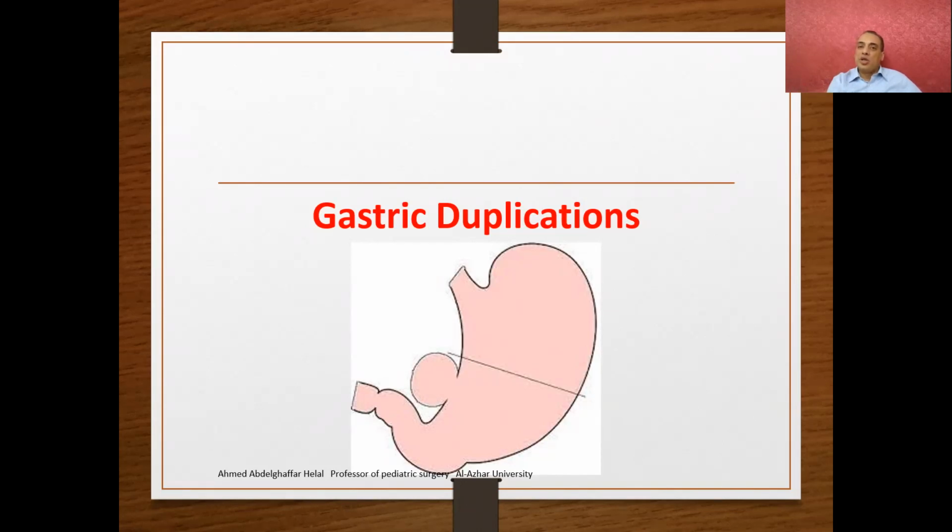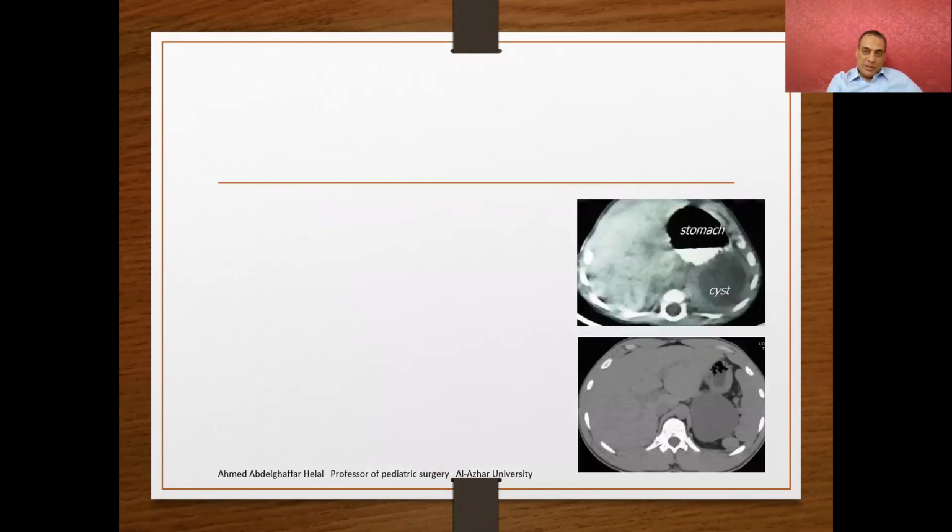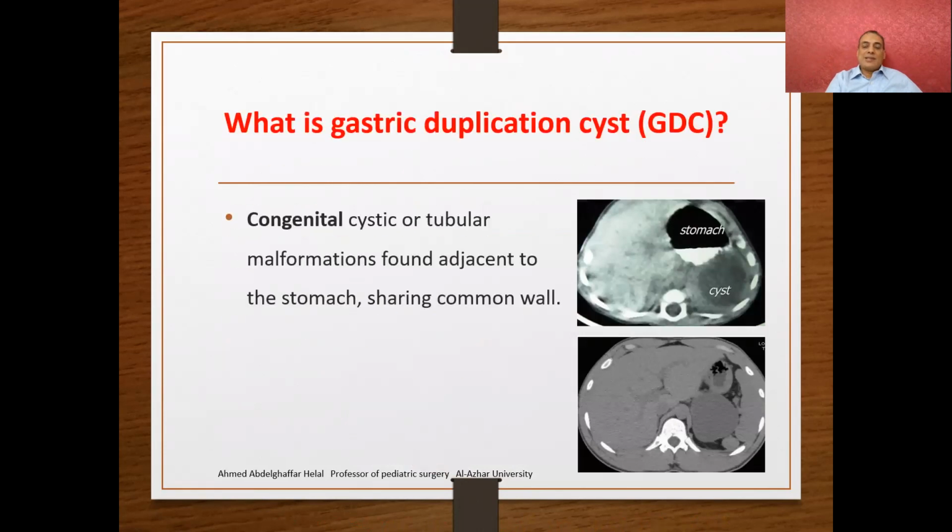Embryologically, it is an abnormality related to the developing stomach, commonly related to the greater curve, swelling, maybe cystic or maybe tubular structures, maybe communicating with the lumen of the stomach or not. Let's see, what is gastric duplication?